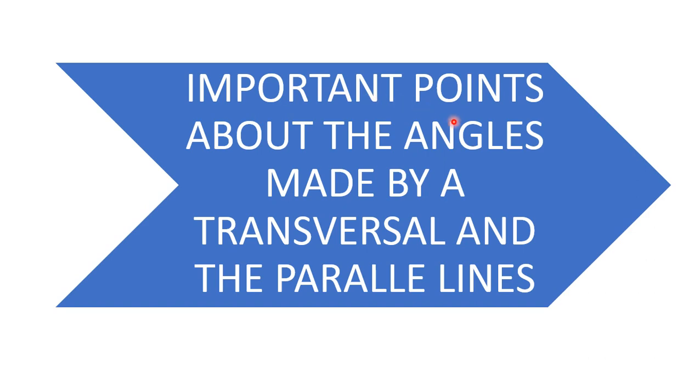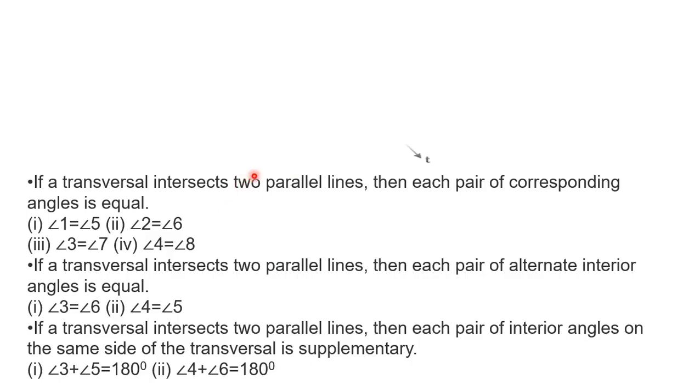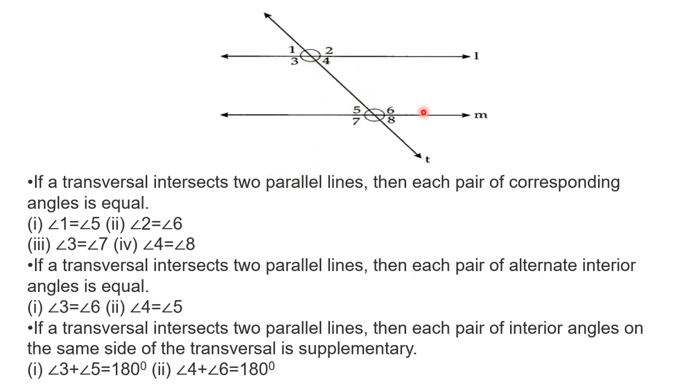Now some important points about the angles made by a transversal and parallel lines. As we understood what the angles are, what the corresponding angle is, what the alternate interior angle is, the alternate exterior angle, and what the angles on the same side of a transversal are. This is the figure where L and M are the two lines and a transversal T intersects them.